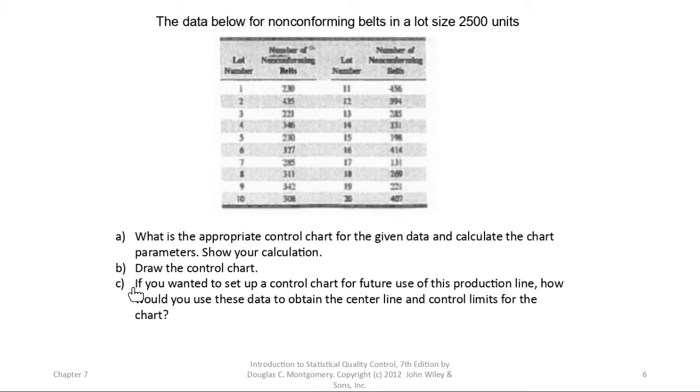The question asking now, you evaluated the chart. Now, are you going to use these setup for the future? How would you use these data? When you evaluate them and you find this amount of out of control, then this data cannot be used for future use without reviewing the process again, because the upper control and lower control limits are not fitting the process performance.